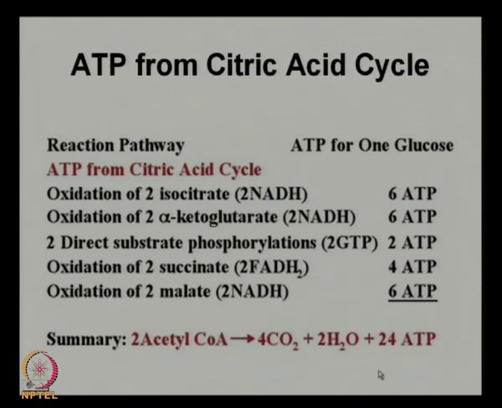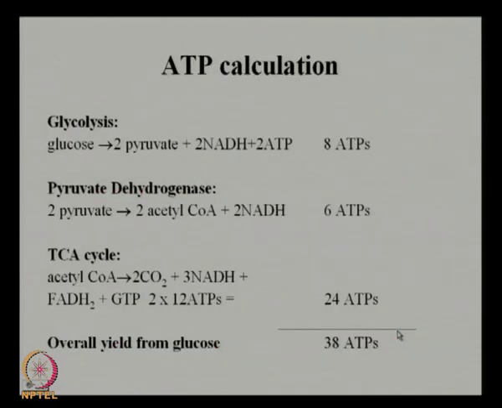If we sum up, we are getting 24 molecules of ATP. If we summarize the reaction, 2 molecules of acetyl CoA give rise to 4 molecules of carbon dioxide, 2 molecules of water and 24 molecules of ATP.